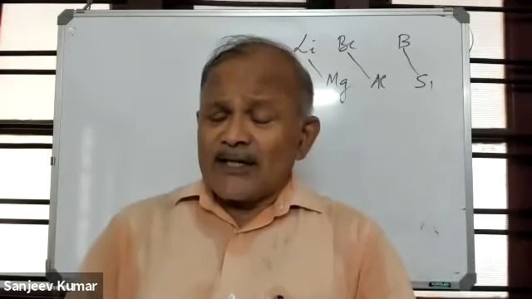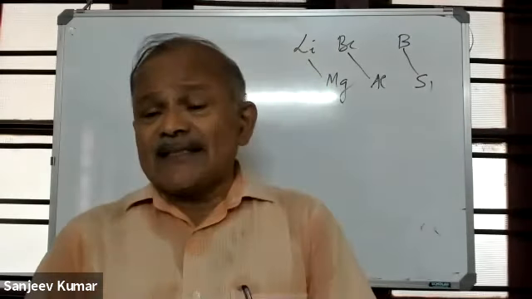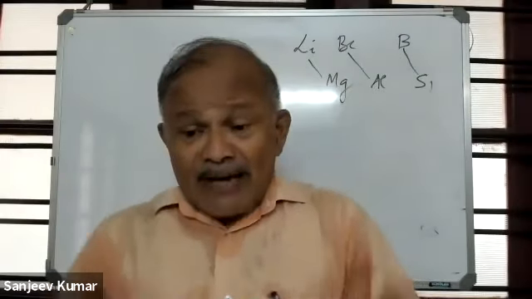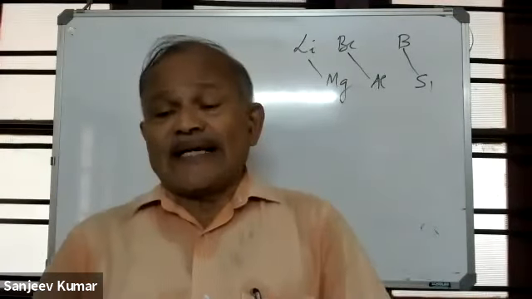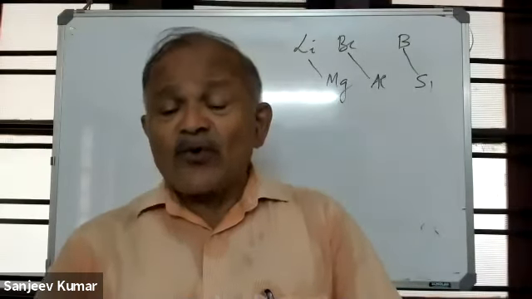Various scales are there for electronegativity, and the Pauling scale is the most acceptable scale, and the maximum value for fluorine is assigned as 4. The electronegativity of fluorine is 4.